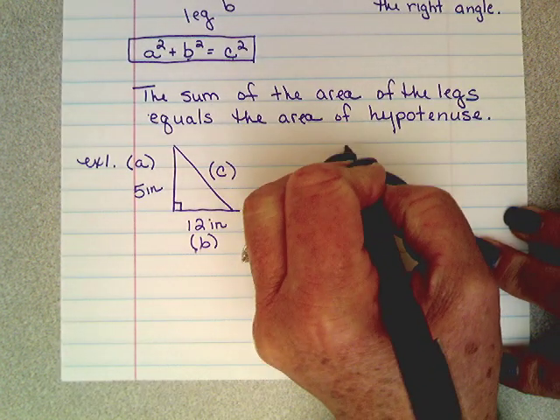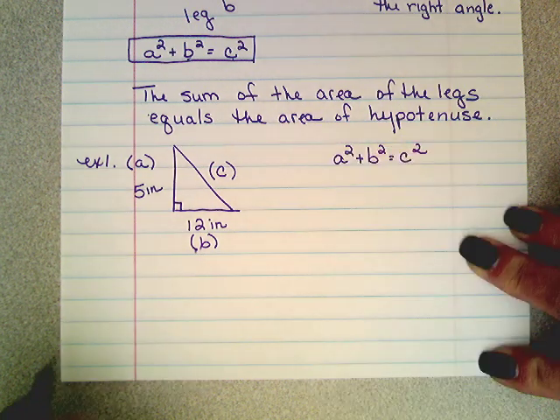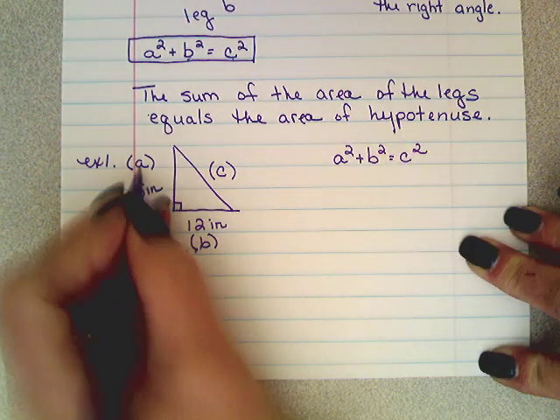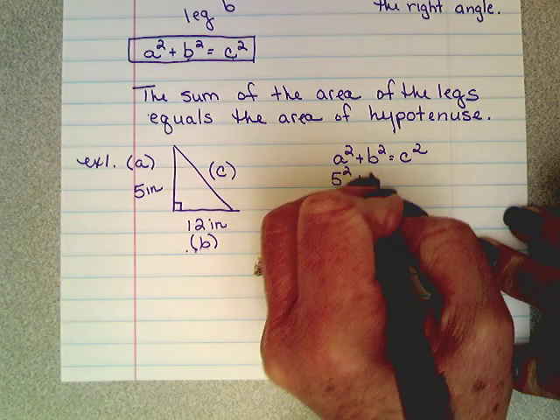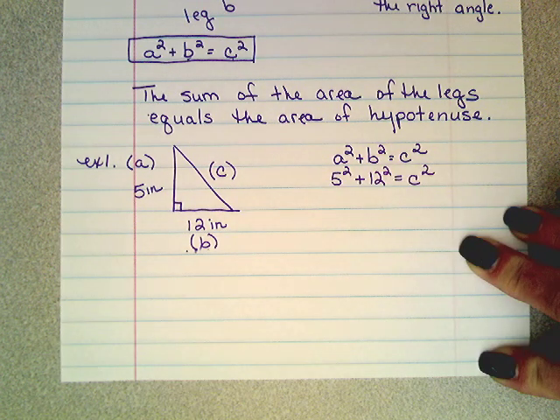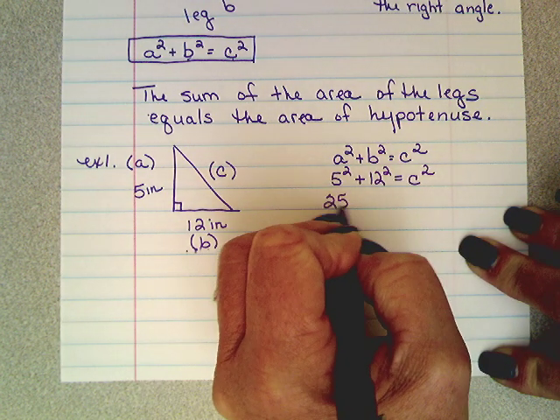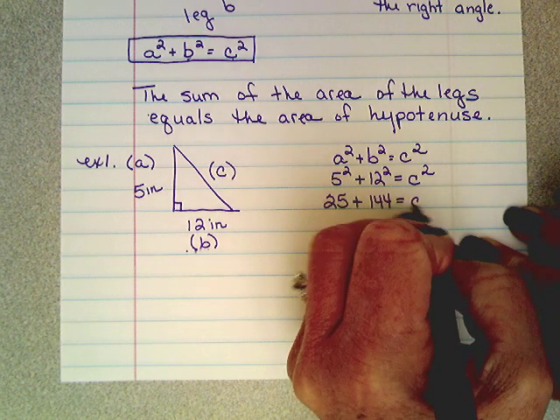Always write the formula down. A squared plus b squared equals c squared. And substitute now. So my A is 5 squared. My B is 12 squared. 25 plus 144 equals c squared.